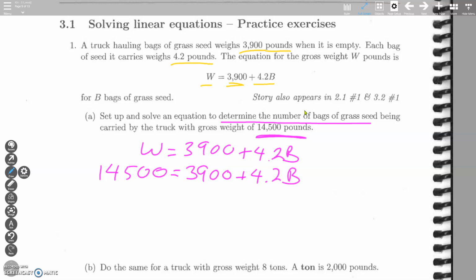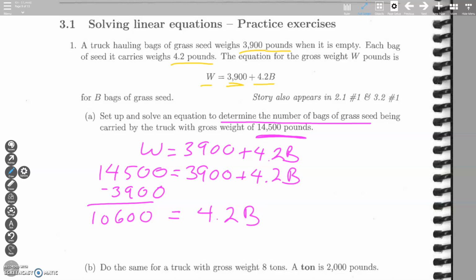So how much does the grass seed weigh just by itself? Well, let's take away the 3,900 pounds from the 14,500, right? And that will give us 10,600 pounds, right?